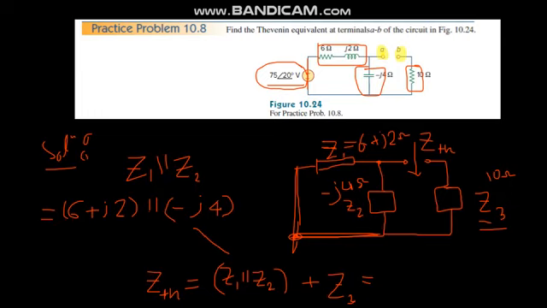After finding these, just put it here, and that will be plus 10 ohms, after calculating these two impedances.